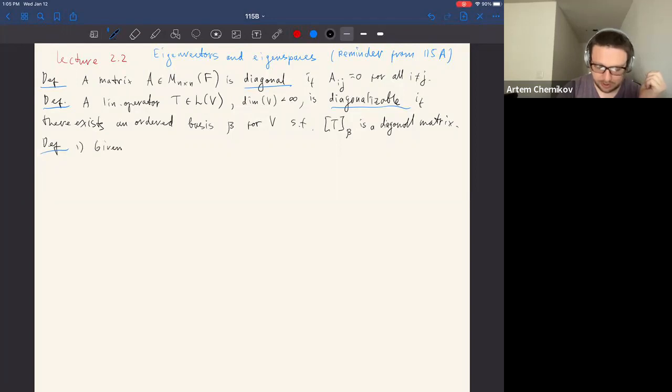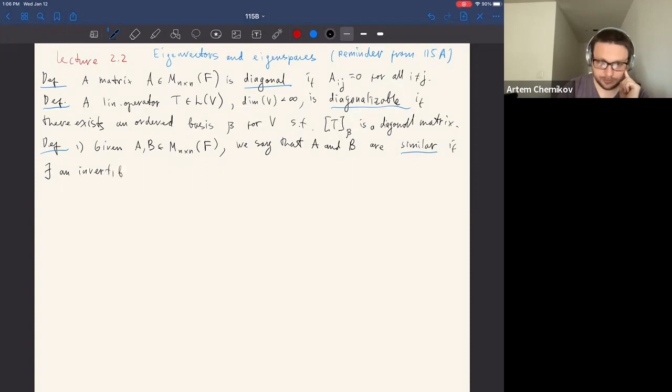Given A and B, two n by n matrices over some field F, we say that these two matrices are similar if there exists an invertible matrix Q, n by n over F, such that the matrix B can be obtained from the matrix A by multiplying by Q and Q inverse.